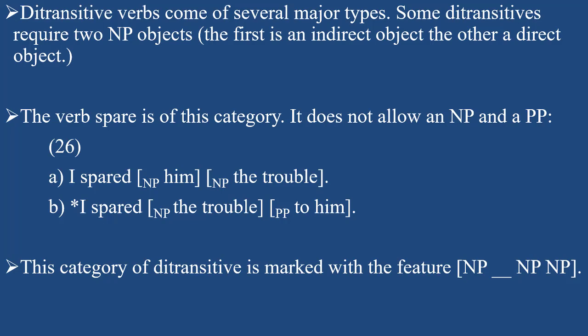To him is a PP, and spare does not allow this PP as its direct object. It only allows 2 NPs, no PPs. So this category of ditransitive is marked with the feature NP slot NP. All right.